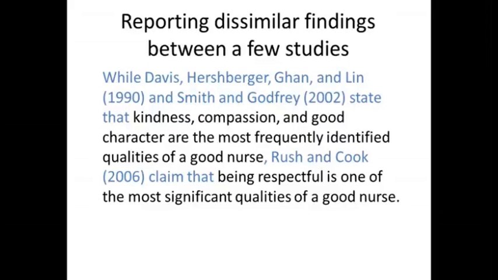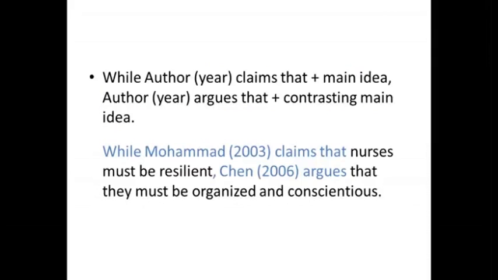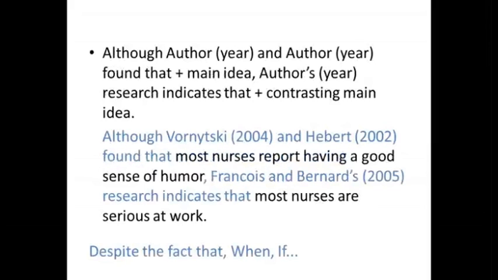So for example, while these 2 sources, Davis, Hirschenberger, Gahn and Lynn, and Smith and Godfrey, stated that kindness, compassion, and good character are the most frequently identified qualities of a good nurse, comma, Rush and Cook have a different idea, a contrasting idea, for they claim that being respectful is one of the most significant qualities of a good nurse.